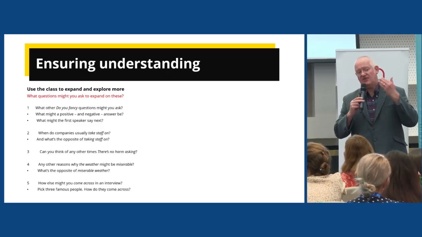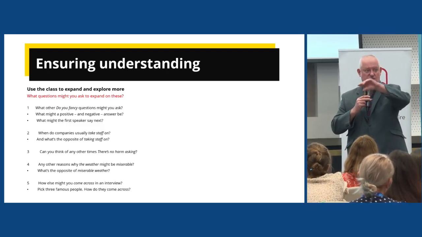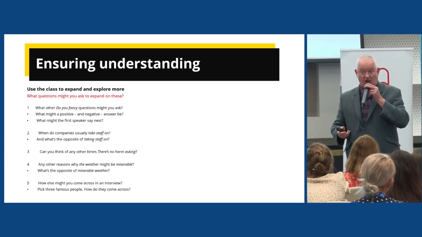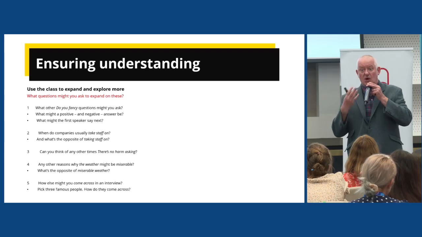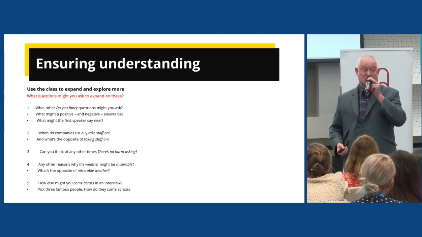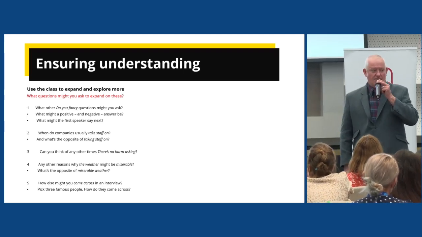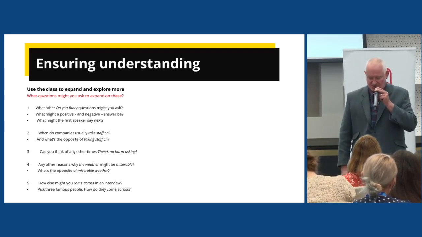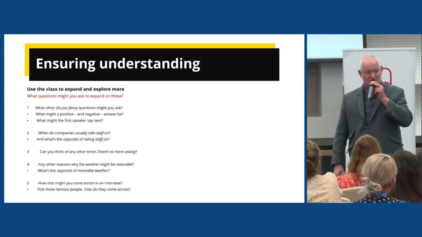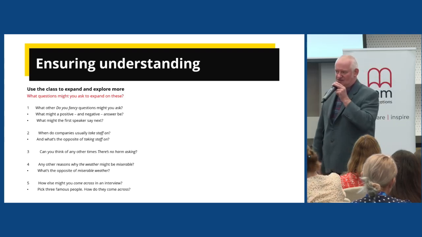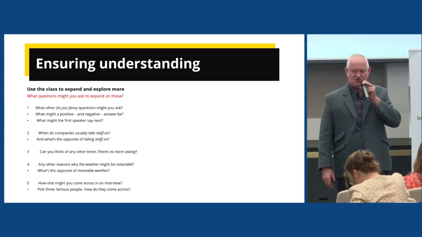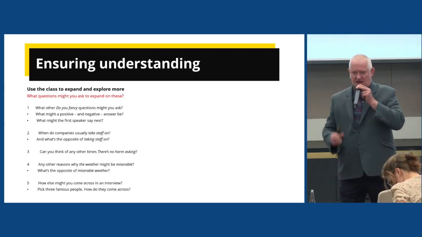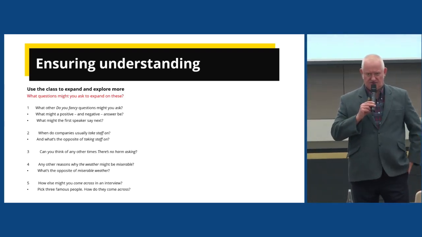So again, with all of these things, what you're doing is you're exploring the language around the language, and you're creating the opportunity in class for unexpected things to happen. Once when I asked, any other reasons why you might be kicked out of a place, apologies for sharing this story, I was teaching this class of 19, 20-year-olds, and I had this young Swedish guy in the class, and he went, you can be kicked out of a nightclub.